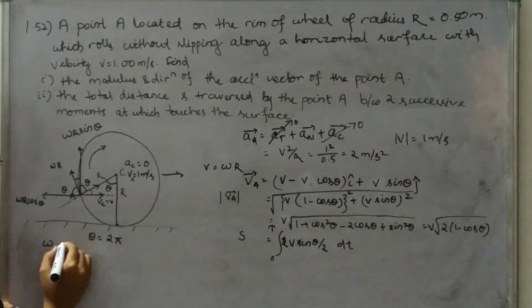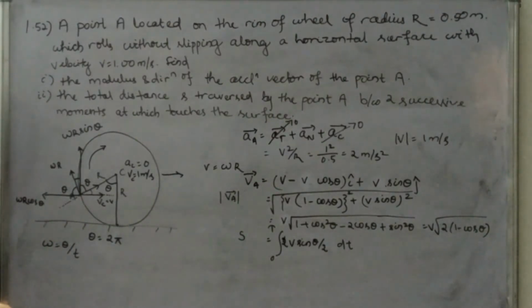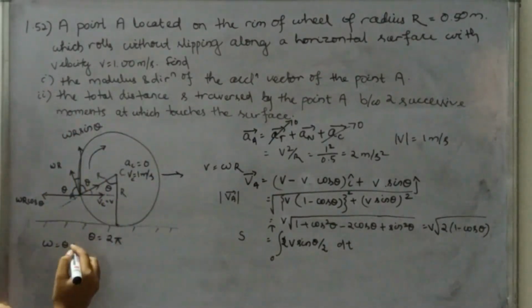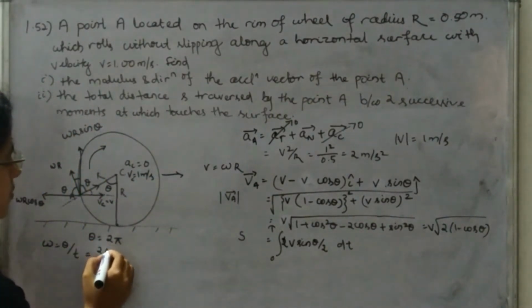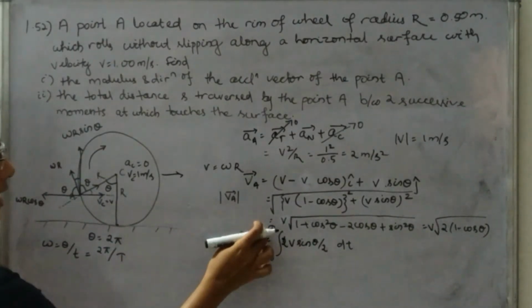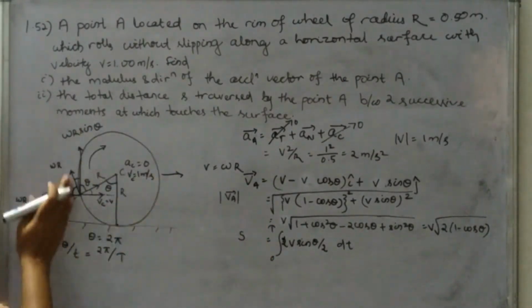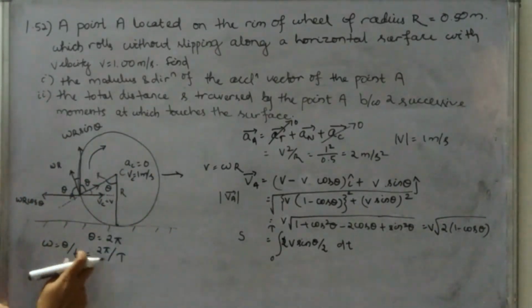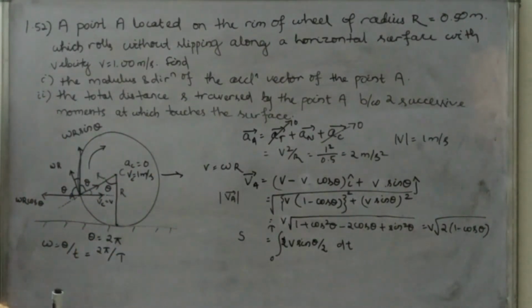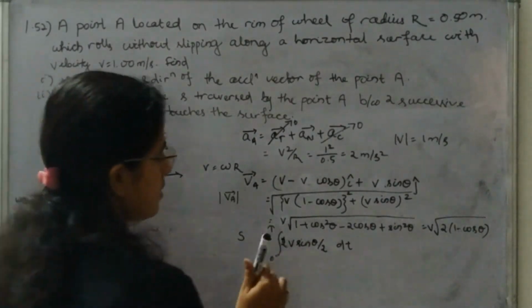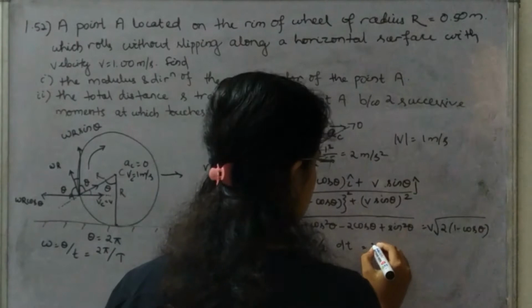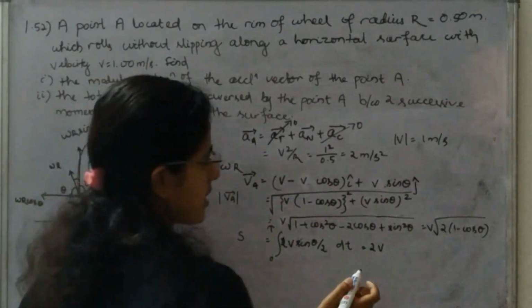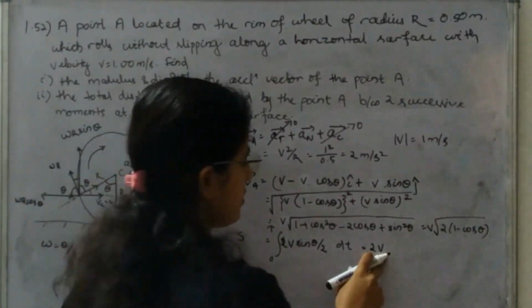So omega is equal to how much? Theta divided by t, I can write. For this complete rotation, theta is equal to how much? 2 pi, and we have considered here that in time T it has moved this complete rotation. It has covered one complete rotation. So omega is equal to how much? 2 pi divided by capital T for this question. Okay. So here 2V, let us take outside because V is also constant.